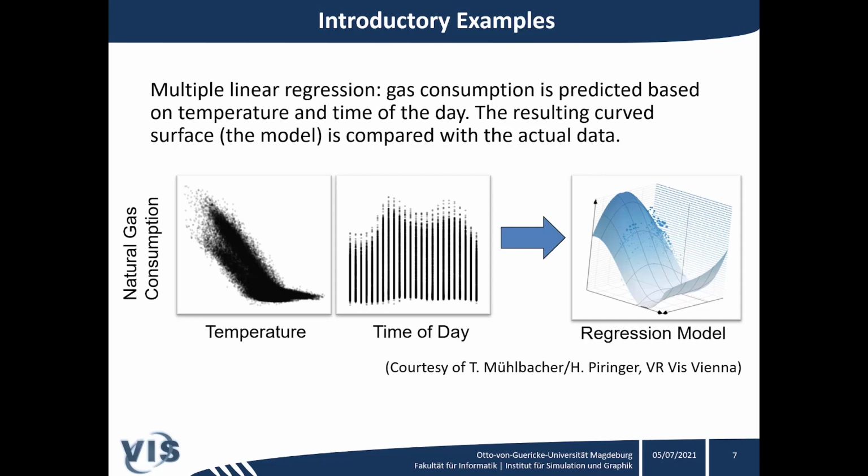We will then try to predict y for each data point as a linear function of the different x variables, which is called multiple linear regression. In this example, gas consumption is predicted based on temperature and time of the day. The resulting curved surface, which is the model, is then compared to the actual data.